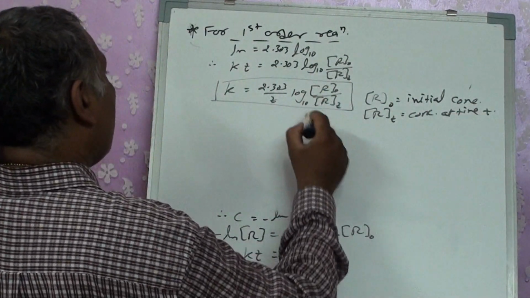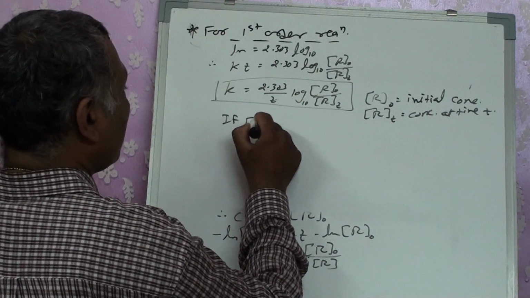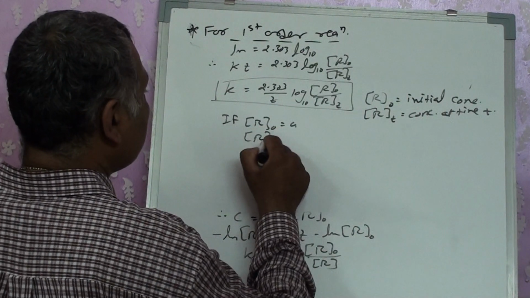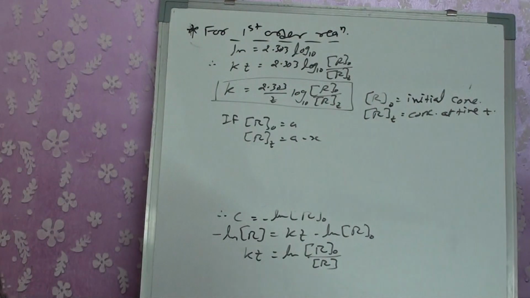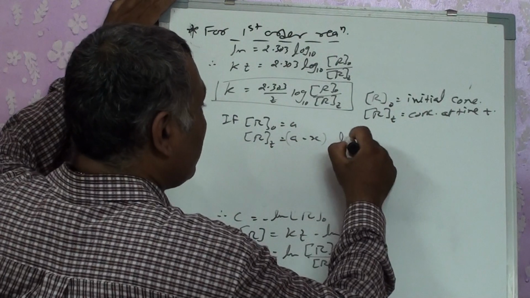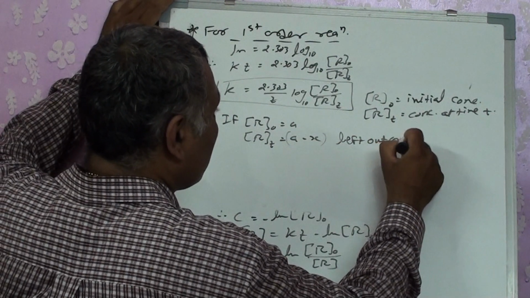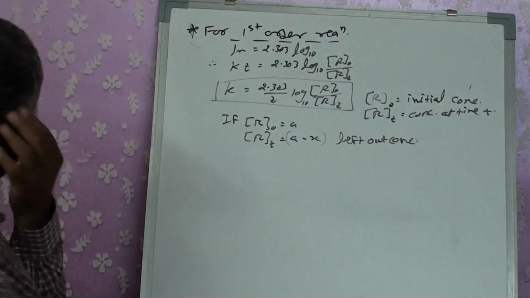If we write R0 as A, then what is RT? A minus X, that is the left out concentration. This is considered to be the left out concentration, so you have to be very careful while you are doing the sum.